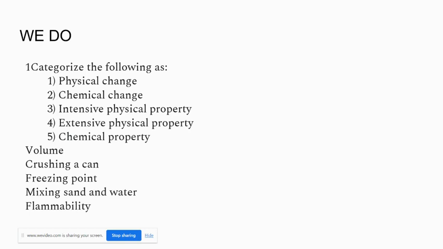Can I measure volume without changing the stuff? Yep. It's going to be a physical property. And then once you identify it as a physical property, you have to go between intensive and extensive. Does extra make a difference in volume? Yes. So this is going to be number 4, an extensive physical property.